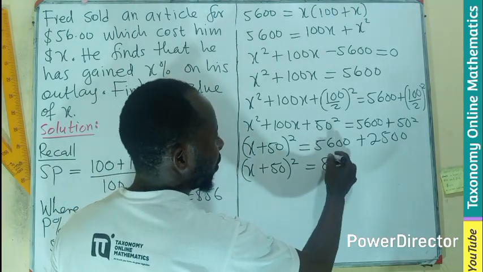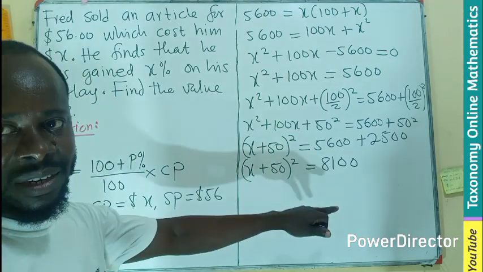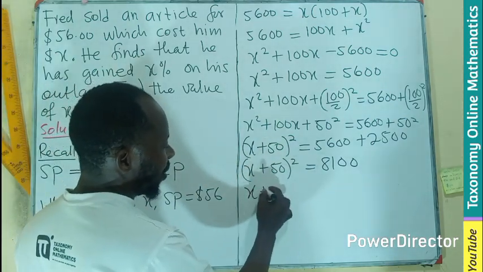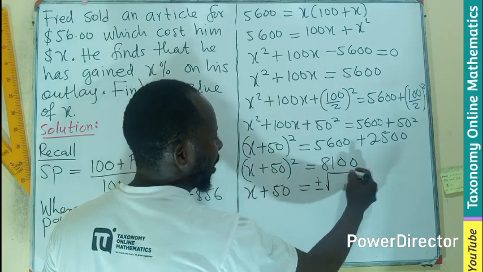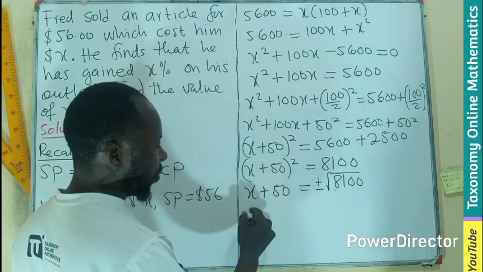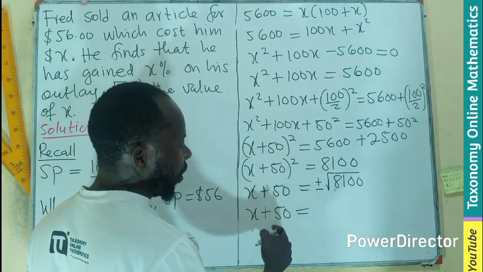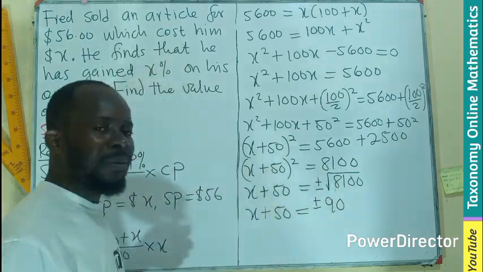So we have 8,100. Now we find the square root of both sides to clear this square, making X plus 50 equal to plus or minus the root of 8,100. So X plus 50 will be equal to plus or minus 90.